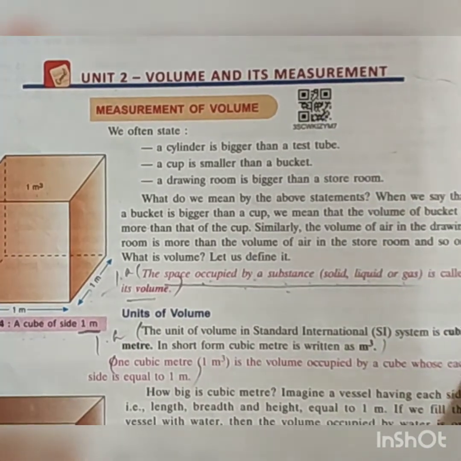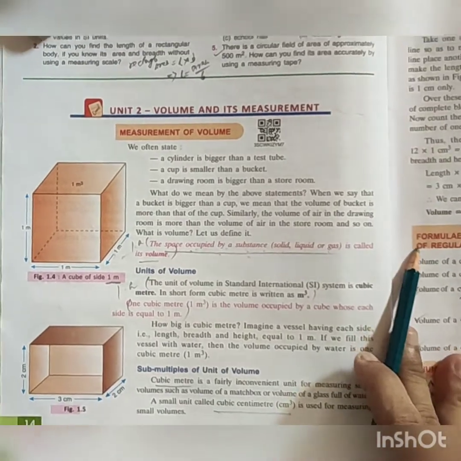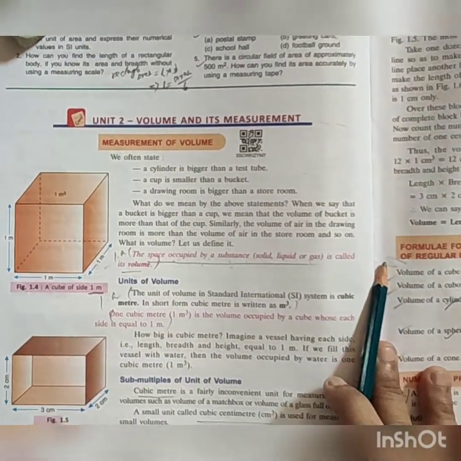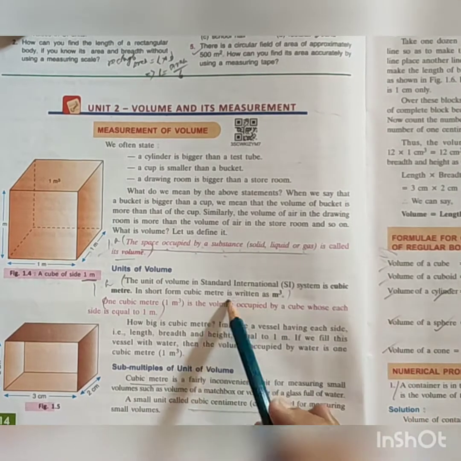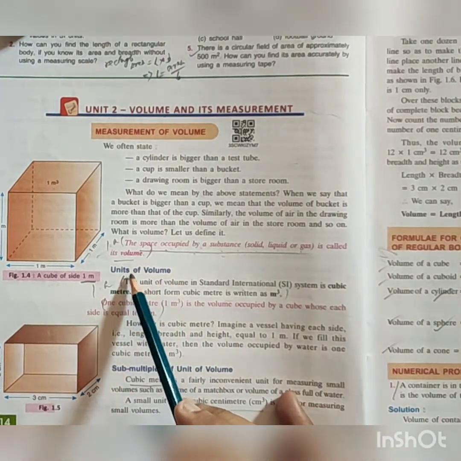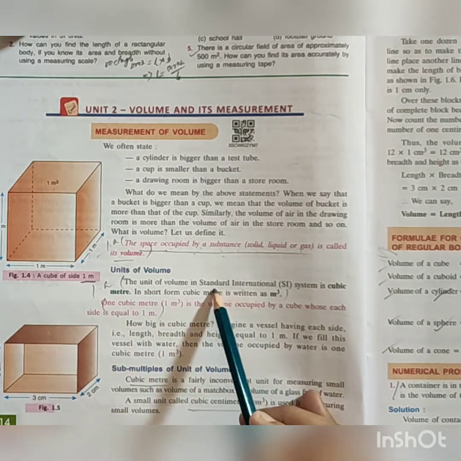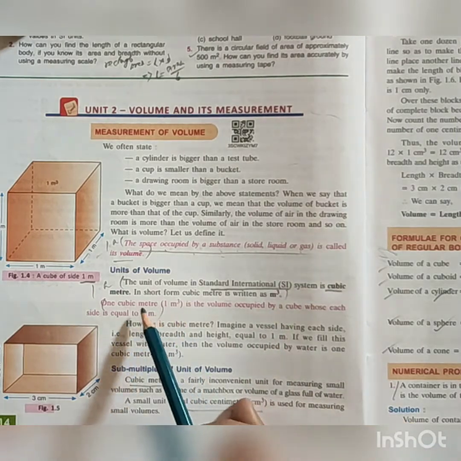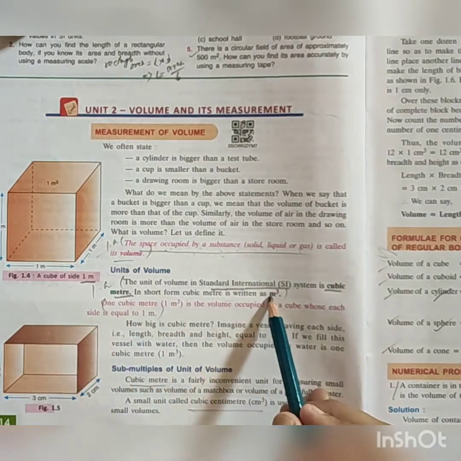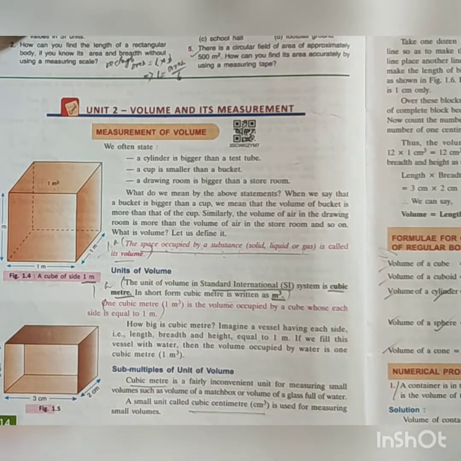Just like area, volume also has its unit. The standard unit, or SI unit, of volume is cubic meter, or meter cube.